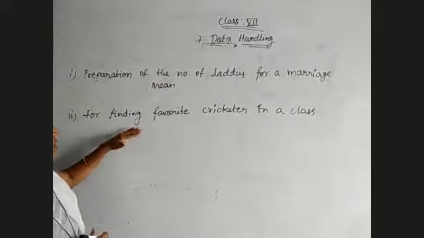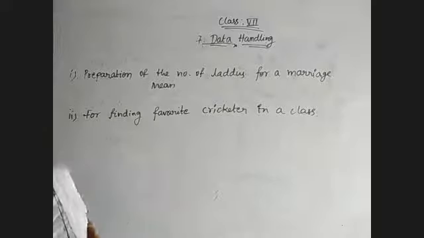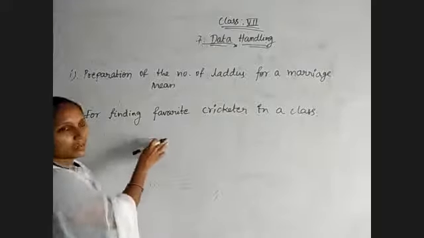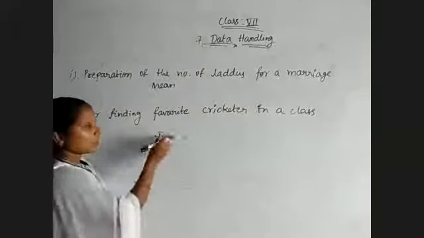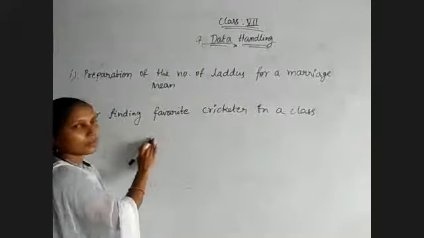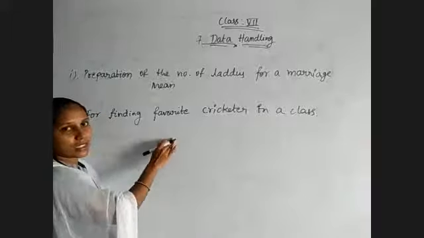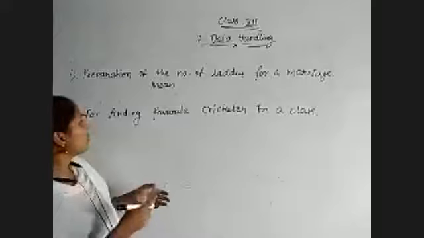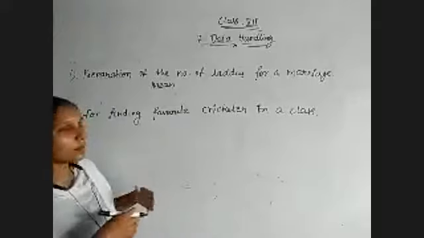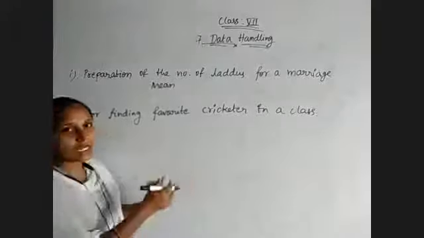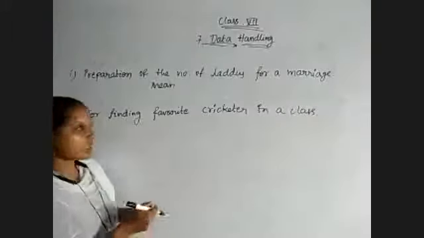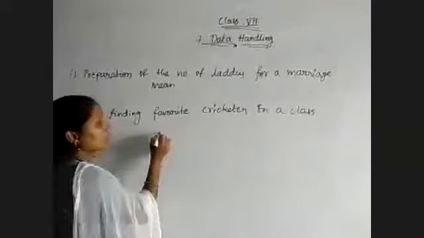And next, for finding the favorite cricketer in a class, it is not a lengthy one because in a class there is only a finite number of students. So we can collect the information on which cricketer is the favorite of the students. Suppose there are 30 students in the class.